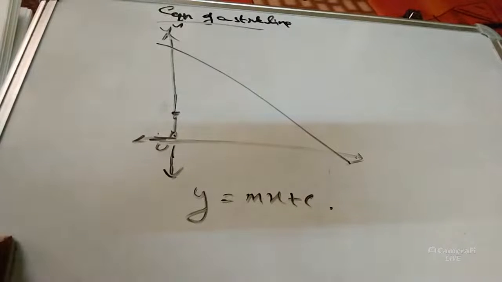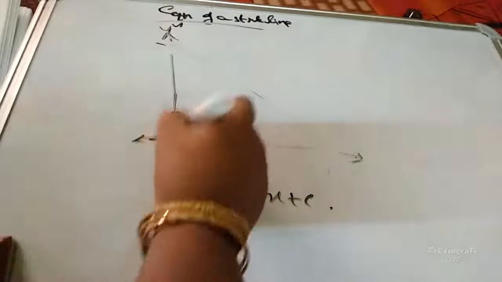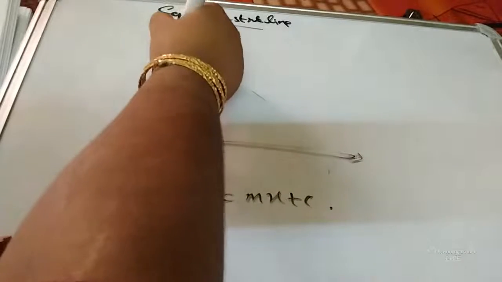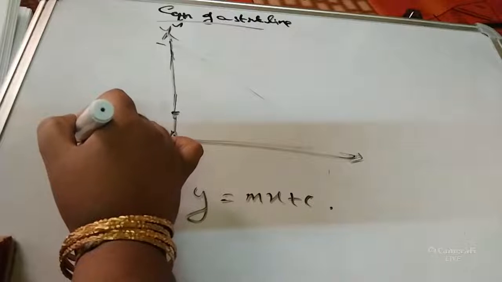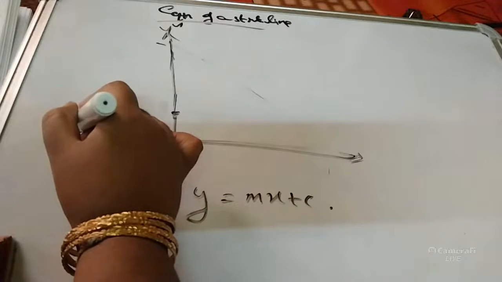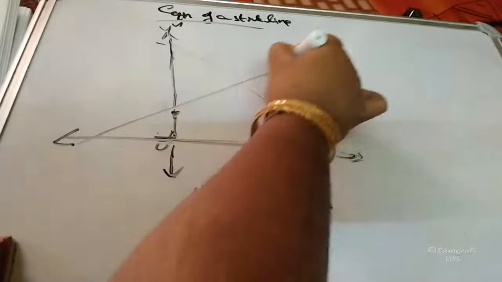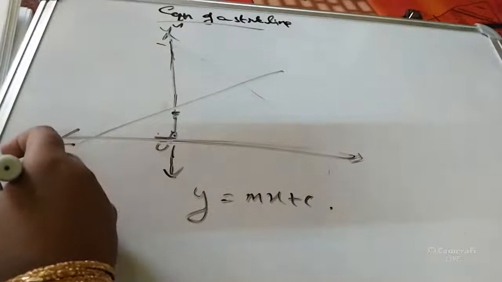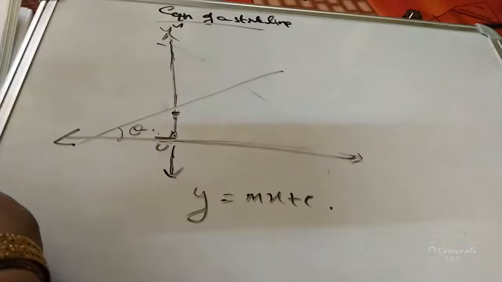If this is the straight line which is formed over here, this is the angle of inclination of the straight line, that is theta.